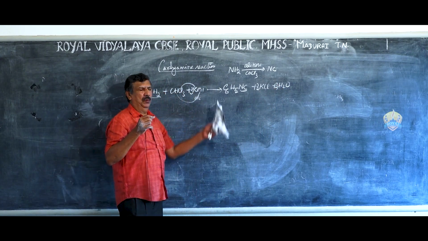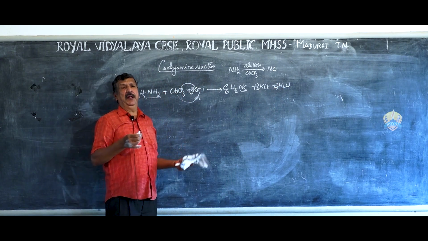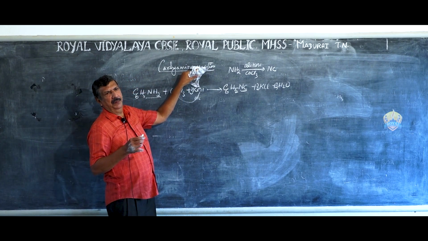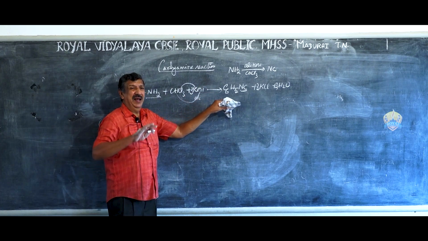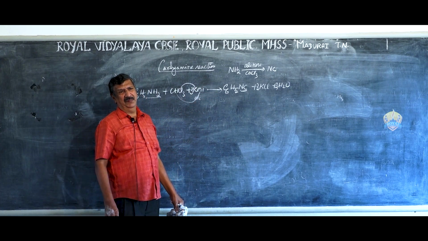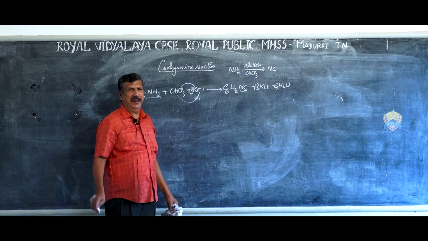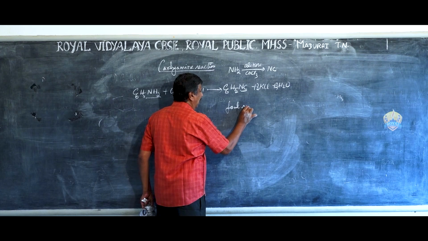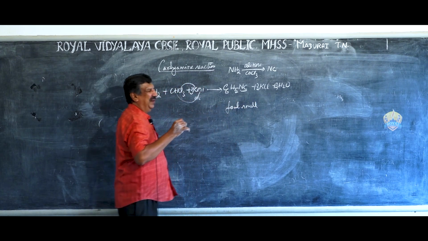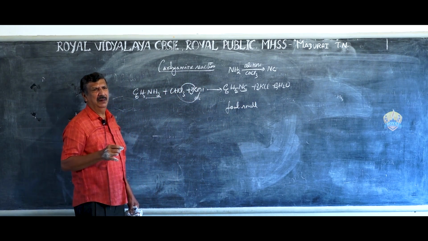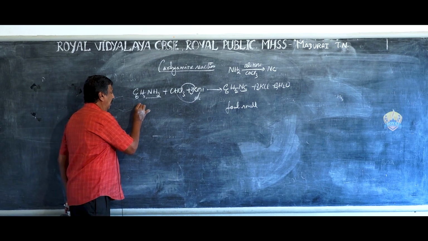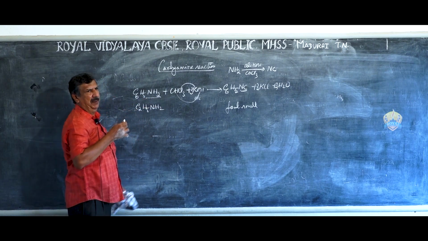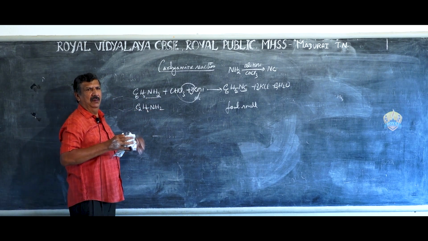What is the name of this compound? You can tell in 2 ways. That is phenyl carbylamine or phenyl isocyanide. Phenyl isocyanide. And this will have a typical foul smell. This is applicable for all primary amines. You can write any primary amine. That is very important. Okay.